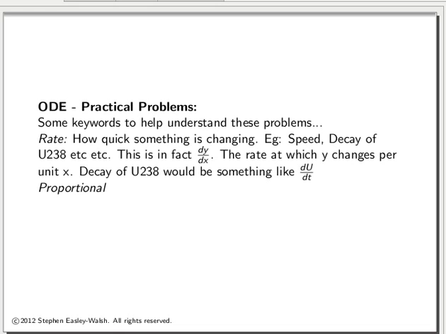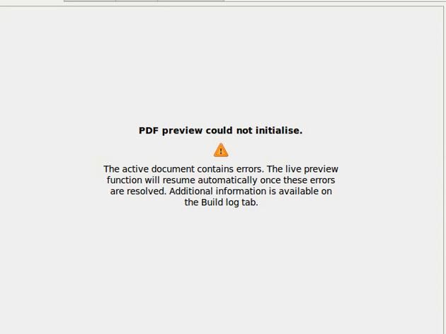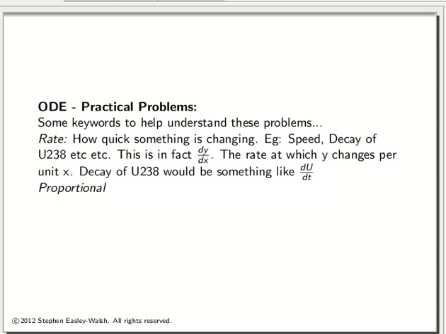Now, let's see, do I remember how to get the symbol up? Do you know the symbol for proportional? It's kind of like the alpha symbol.